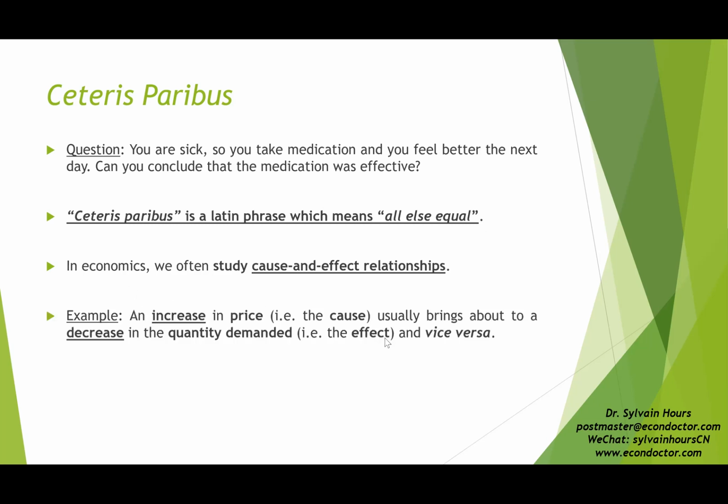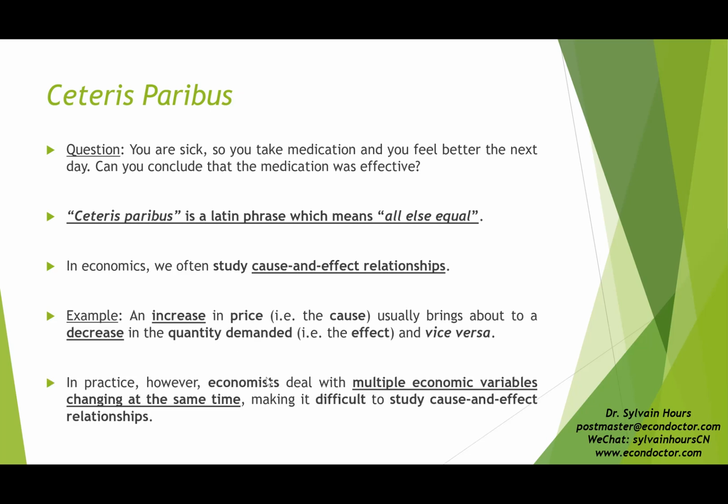The example that I give here is that if you increase the price of a product, the cause, we know because of the law of demand that this usually decreases the quantity demanded. That's the consequence, the effect, and vice versa. So in that case, no problem. But in practice, the price of a product might change, but at the same time you will have other economic variables changing.